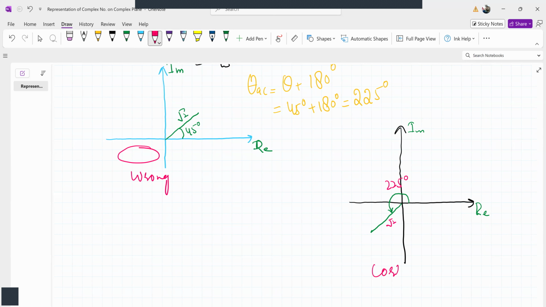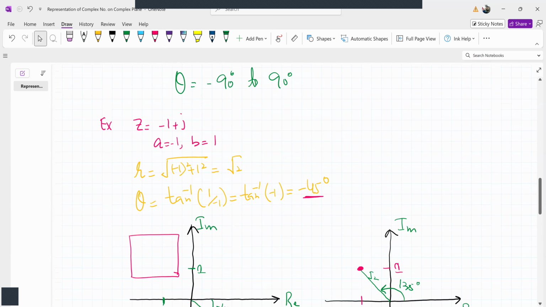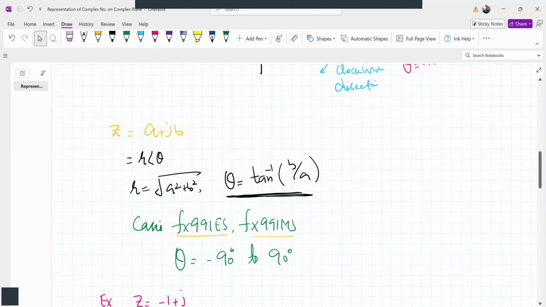So whenever you try to solve the problem of plotting a complex number on a complex plane, the first thing that you will always check is whether the complex number lies in the first quadrant or fourth quadrant. Otherwise, the results returned by commonly used calculators like Casio or the mobile phone application may not be correct.